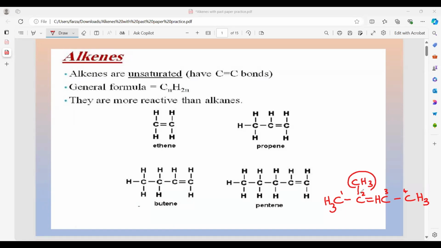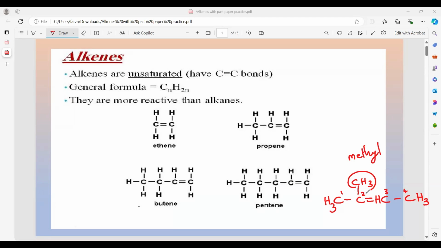You remember in my videos, in one of the parts on organic compounds, we learned that wherever there is a loss of one hydrogen, it comes in the alkyl group. So here it has one carbon and one hydrogen is lost. So this branch is called methyl. And which carbon is it attached to?